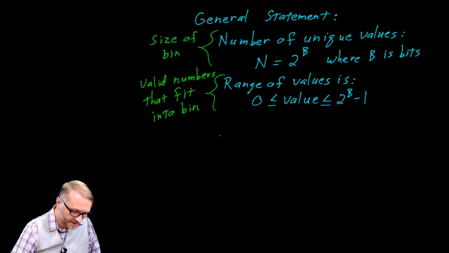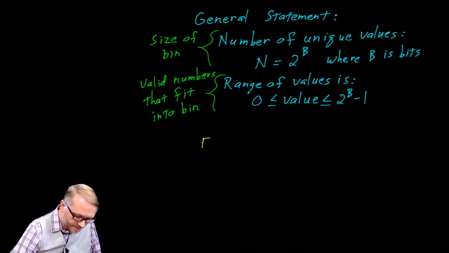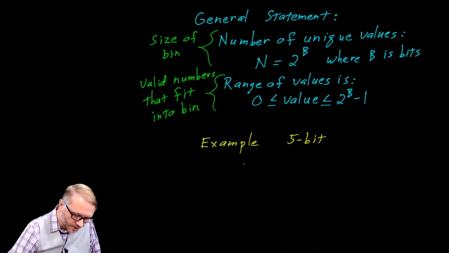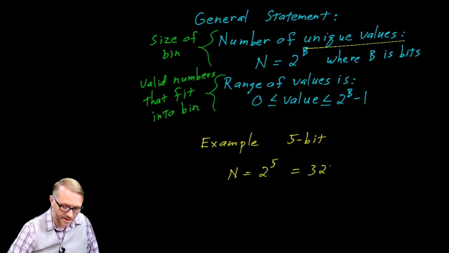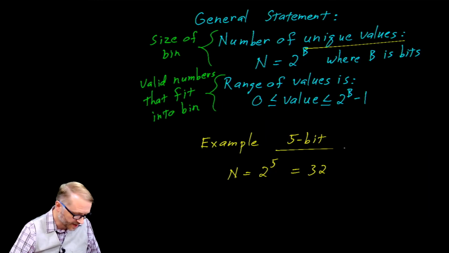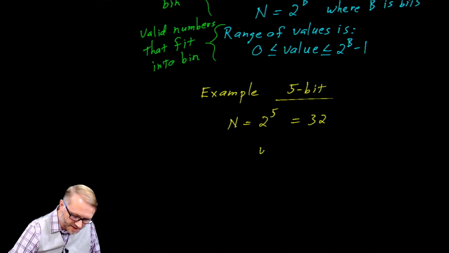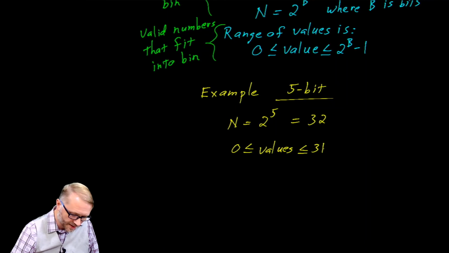As an example, consider a 5-bit memory location. You could store 2 raised to the 5th unique values. So there are 32 unique numbers that could be stored in those 5 bits. Those numbers can take on values that are greater than or equal to 0, but less than or equal to 31.